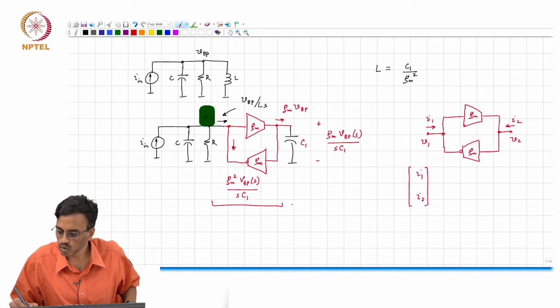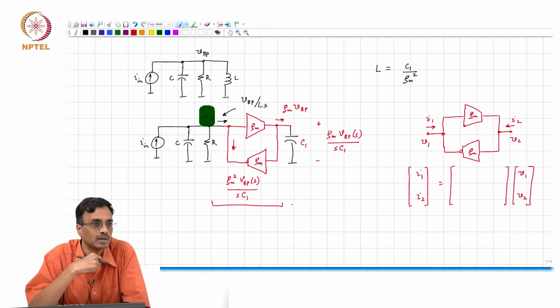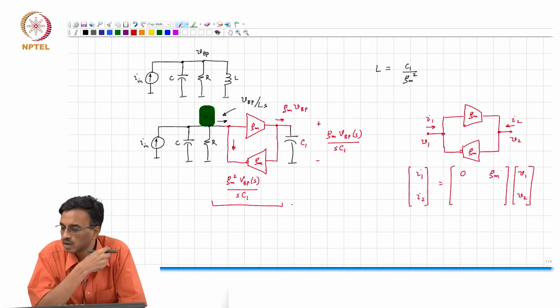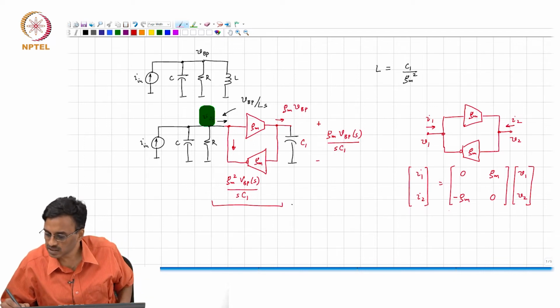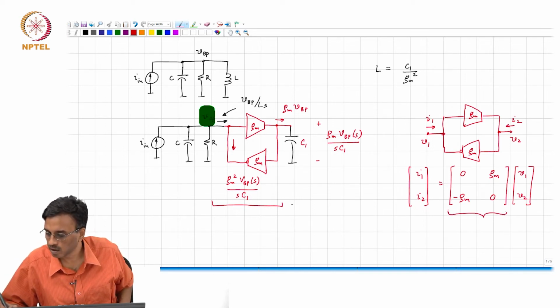I1, I2 is, yes people, the first row, think carefully, the first row and what is the second row, right? Flipping the signs of both of them will also do just as fine, correct. And so this is a special element or a special 2 port, this is called the gyrator.